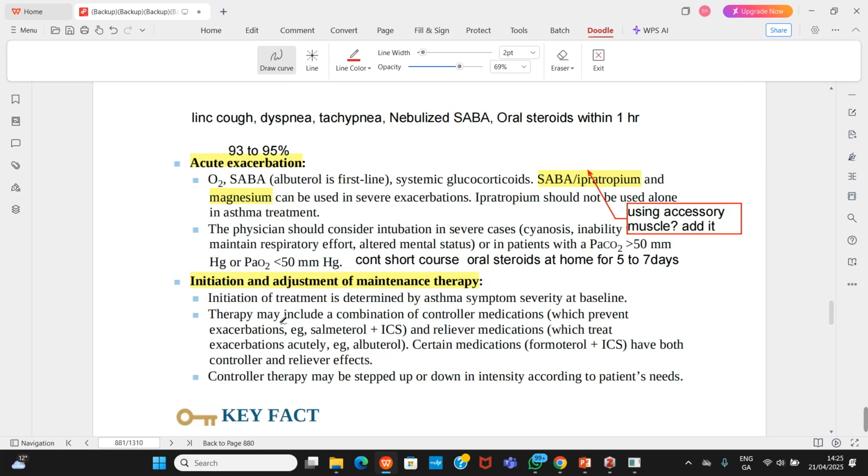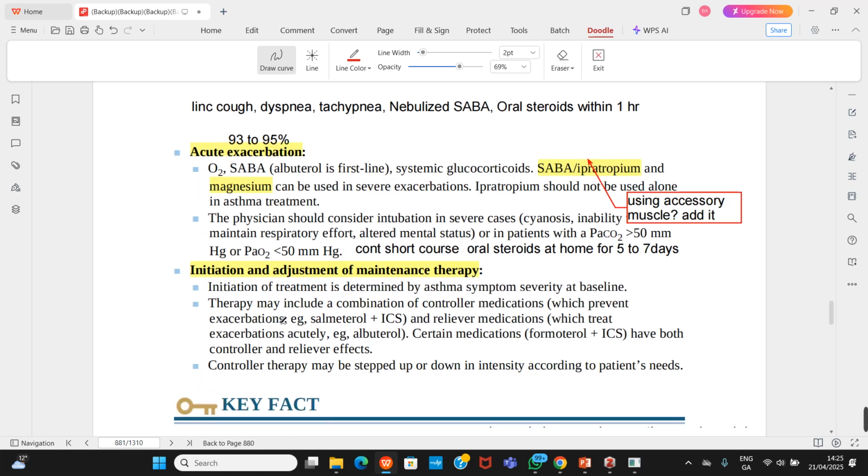Okay, so let us go to the exacerbation. So somebody comes into the hospital with feature of asthmatic exacerbation. How do we manage? Of course, they have done ABG quickly, O2 SAT, they have all the parameters. So if the oxygen saturation is low, you want to give them oxygen, take it to about 93 to 95%.